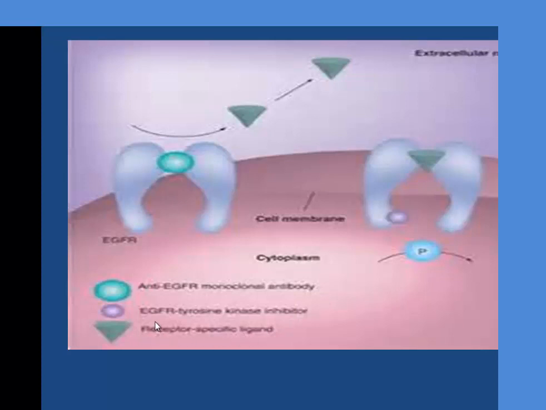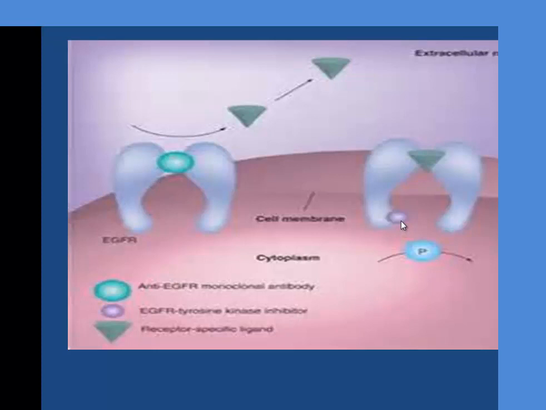So how does EGFR tyrosine kinase inhibitor function? It binds, follows the same pattern. Once it binds to EGFR receptor, you expect dimerization to take place, you expect conformational change to take place, but as a result of that, that's what you see in here.